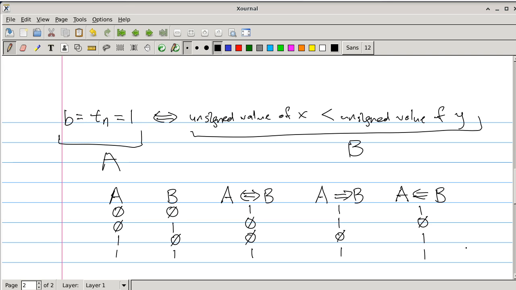So the zeros and ones that you see under A if and only if B, A implies B, and A is implied by B, is basically saying what can happen if I claim that A happens if and only if B. That means A and B can both be false, and they can both be true, but they cannot be different. That is what if and only if means.